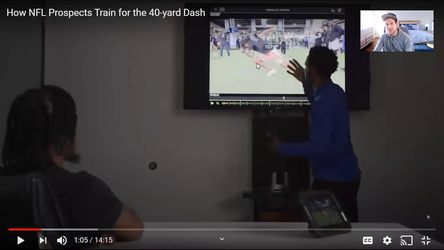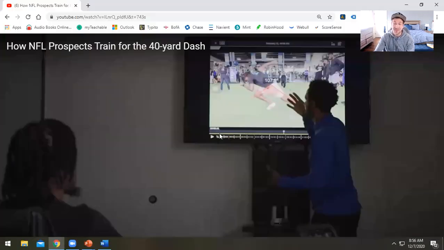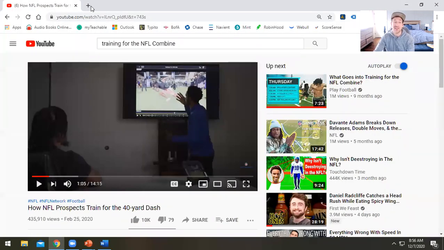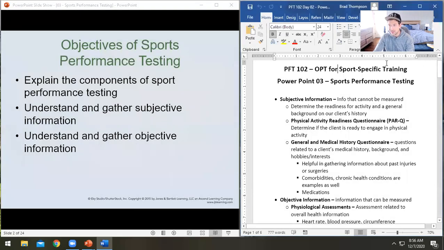See how much emphasis they're putting on it? This guy's watching a video of his form, breaking down exactly what the perfect angle is. They're assessing everything just to squeeze out 0.1 more seconds on a 40-yard dash. That's crazy.